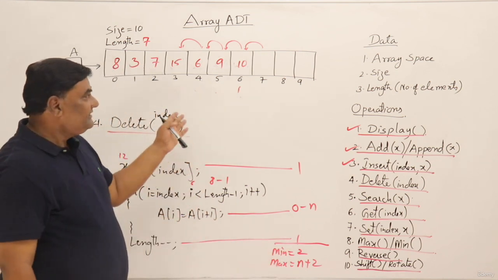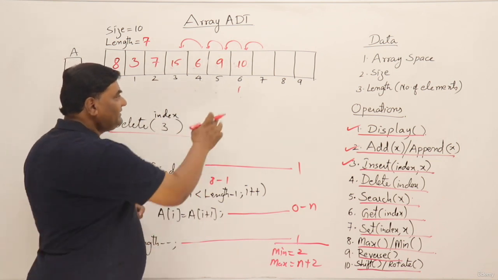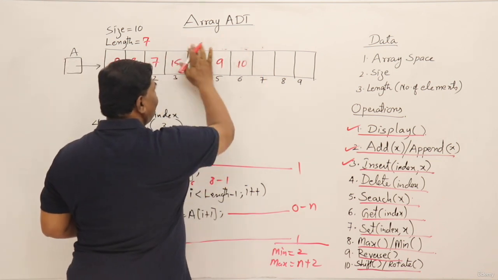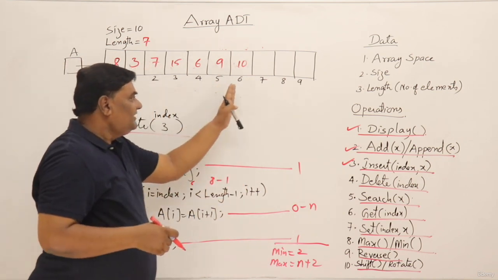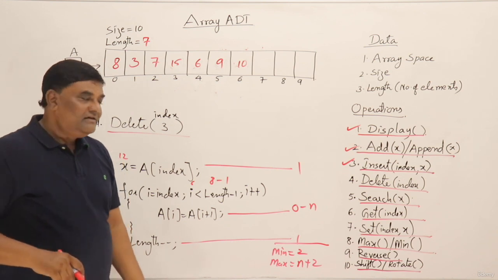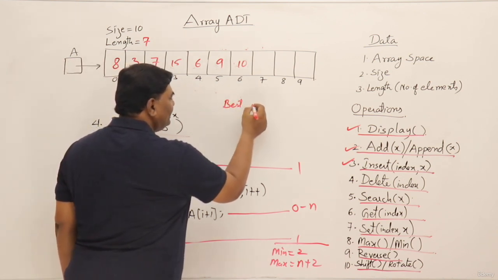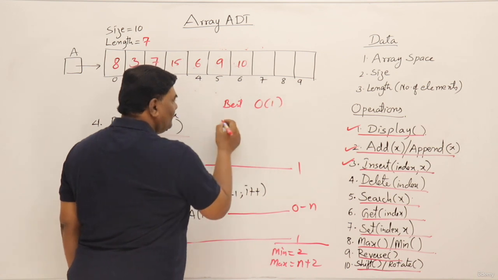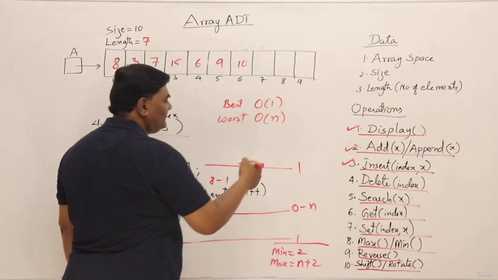If I am deleting the last element, no shifting is required. Right now, if I want to delete 10 from here, then directly 10 is deleted. No elements beyond 10, so no shifting required. So the best case time is order of 1. Worst case time is order of n.